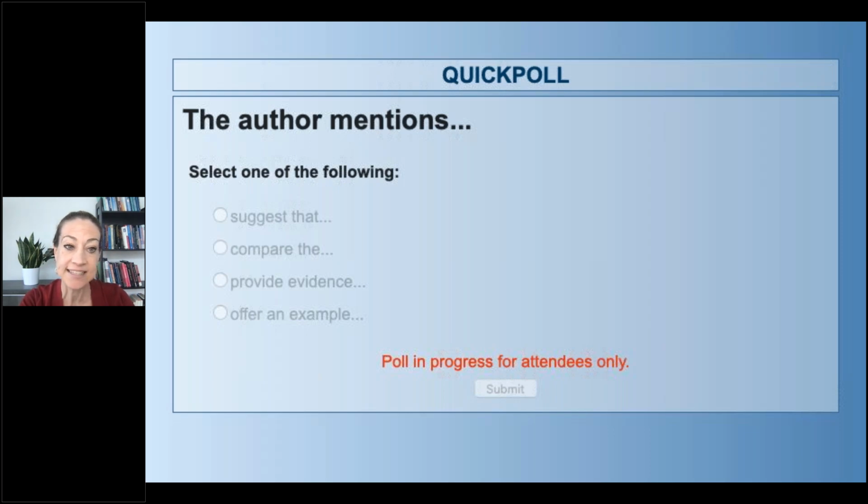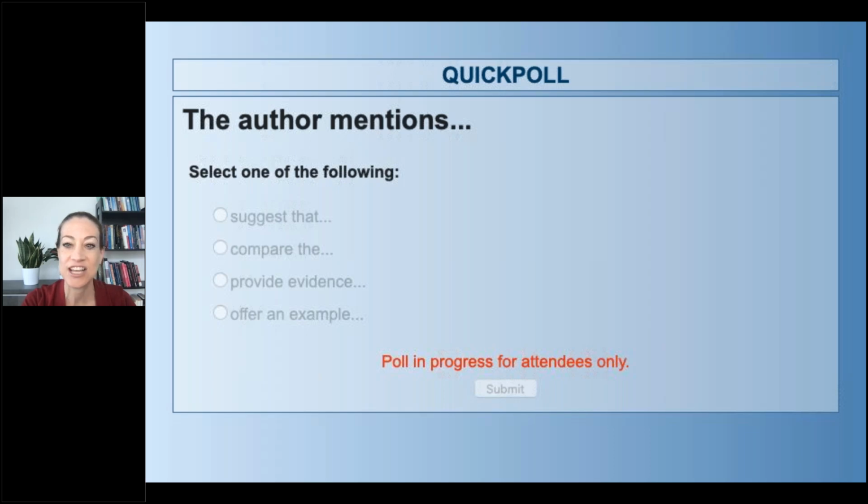The full text here is, I'm not sure if you can see my screen right now, but it is in the chat. The author mentions the Fore tribe in New Guinea in the second paragraph in order to do what?